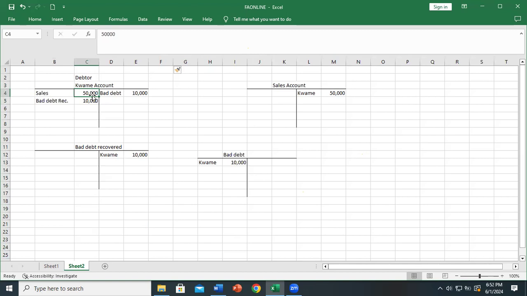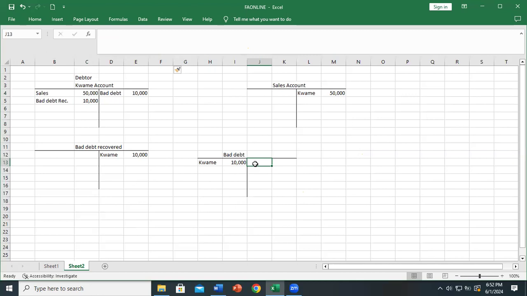Now, if you check the bad debt recovered and the bad debt account, these accounts are closed to the profit and loss account at the end of the year. So if you remember in your trading profit and loss account, the profit and loss account specifically, you take bad debt to the profit and loss account as an expense.